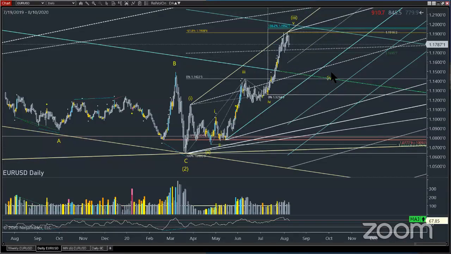So this is really what we're looking for right here. Somewhere in this area. And you tend to come back near the fourth wave of one lesser degree. And that would bring you right to the top of the fourth wave, or let's say the beginning of the fourth wave, the top of the third wave.